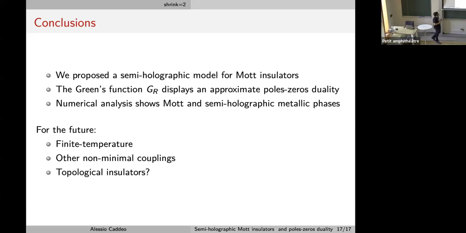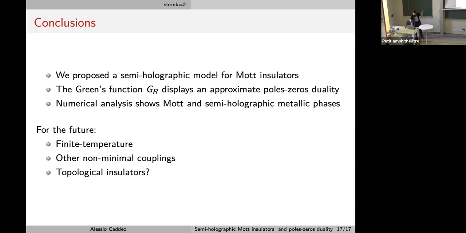For the future, one can consider, of course, what happens at finite temperature. I didn't mention before, but the non-minimal scalar coupling that we use is not the only one that is supposed to give a good gap. The Korean group proposed other couplings, so one can study those too.